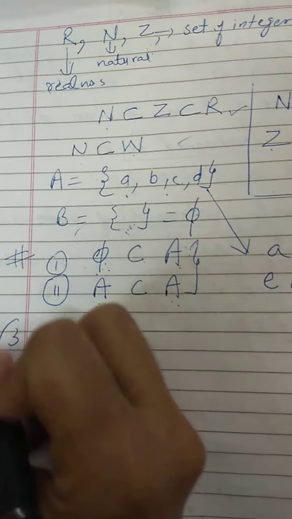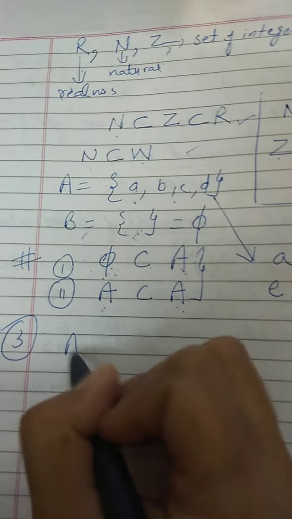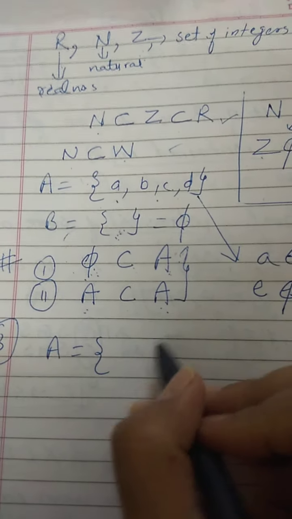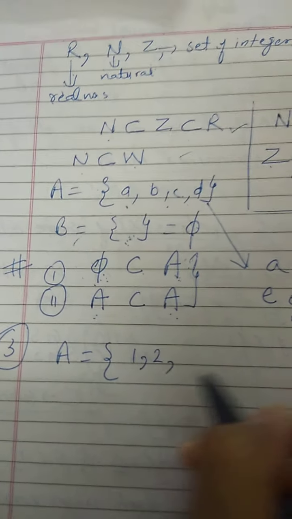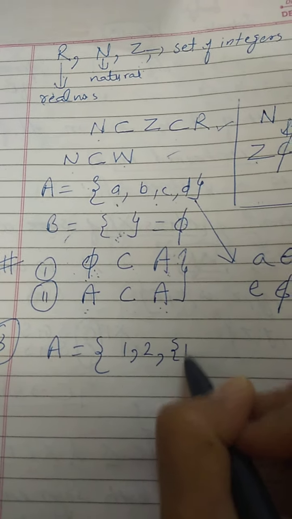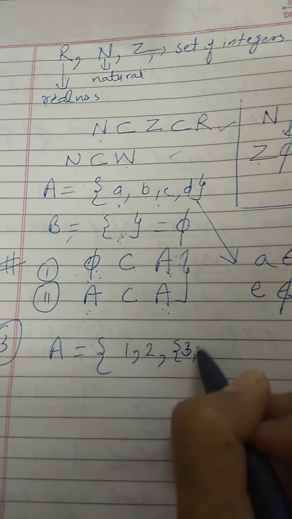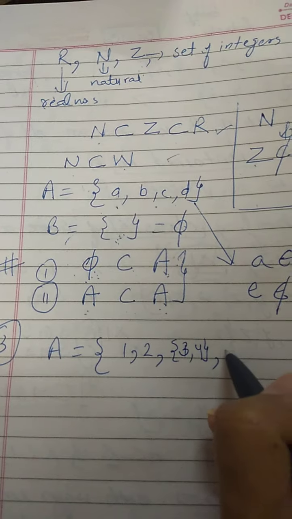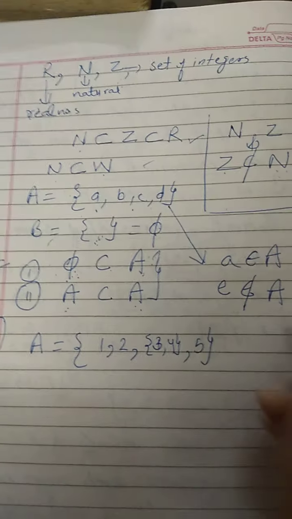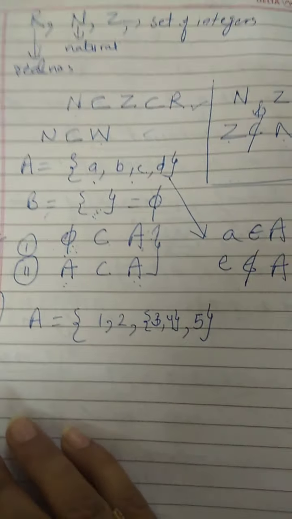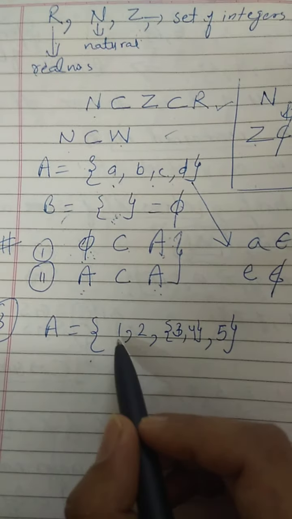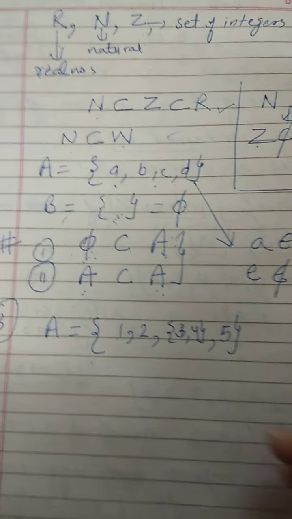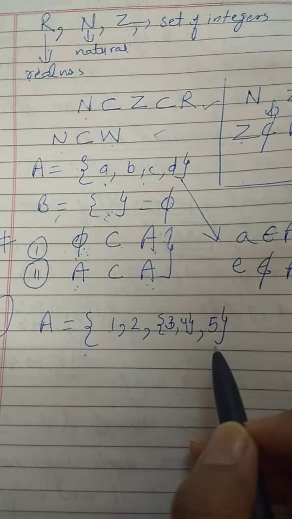In sum number 3, I will be discussing a few parts here, like set A is given, which has the elements 1, 2, and here it is written {3, 4}, and the next element is 5. I want to explain this set to you first of all. 1, 2, {3, 4}. How many elements are there in this set?